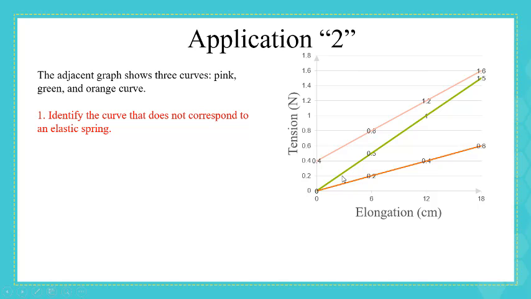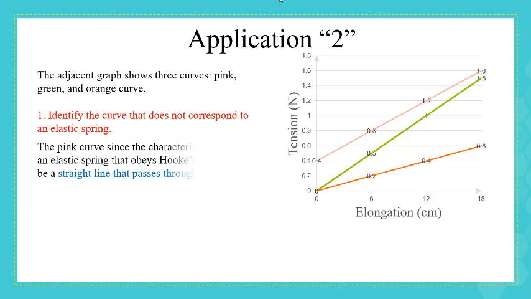Look at these 2 curves. They are straight lines and passing through the origin, while the pink one doesn't pass through the origin. So the curve that doesn't correspond to an elastic spring is the pink curve, since the characteristic curve of an elastic spring that obeys Hooke's law should be a straight line that passes through the origin.